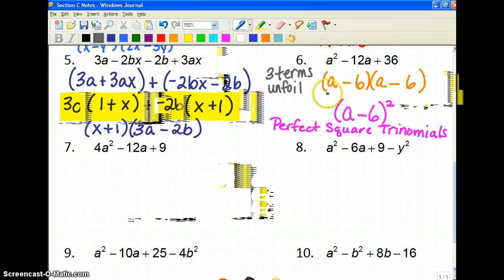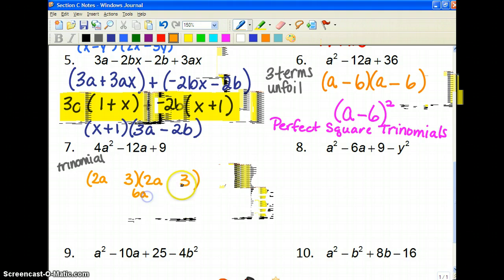Alright, so recognizing these at the beginning is sometimes difficult, but once you write it down twice and it's the same thing, you know you can write your answer together. So this one is also a trinomial. So we're just going to unfoil it. 4a squared is 2a and 2a. 9 is 3 and 3.